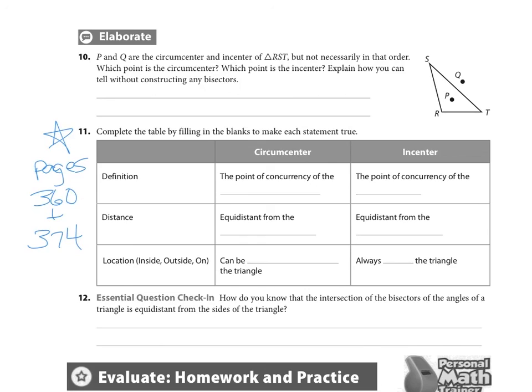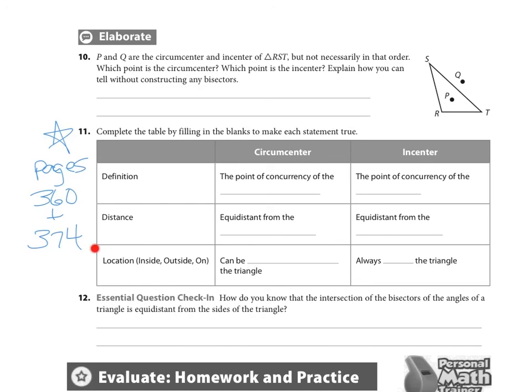This is a nice table to make sure we have a summary of what each of these theorems says, because they're similar. They're all talking about bisectors of some sort for a triangle, and about equidistance and things like that, but want to make sure that those are all clear. So see what you can look back at.